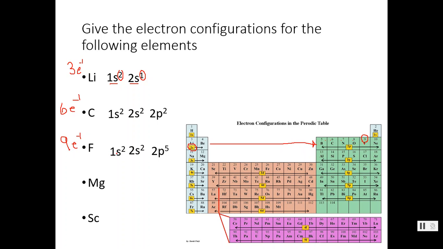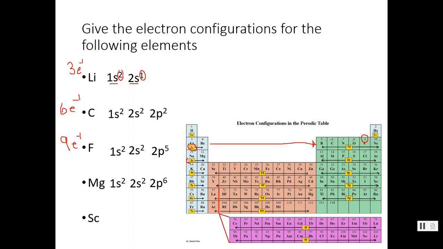Let's do 2 more. Magnesium. Got to start at the beginning again. So 1s2, 2s2, travel over to 2p, 1, 2, 3, 4, 5, 6. Once I stop at 2p6, that would be the electron configuration for neon. I've got to have the electron configuration for magnesium, so after neon, I come all the way back over here to where sodium is.